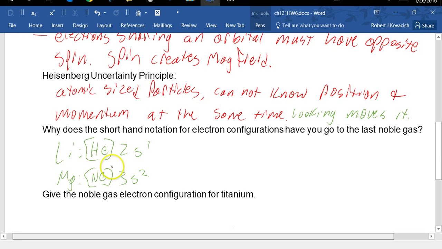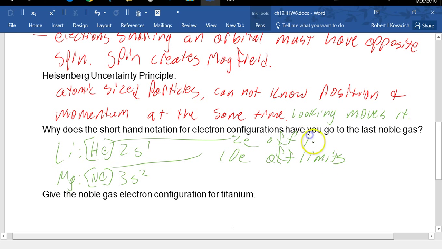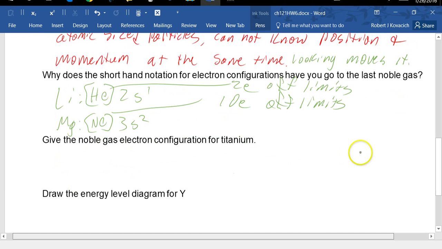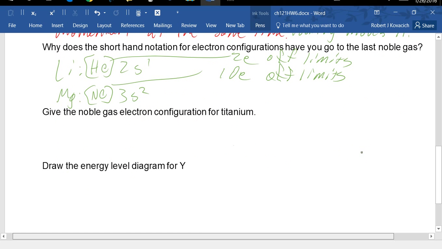But these first 10 electrons, off limits. That's it. What's the noble gas configuration for titanium? I find titanium, 22, back that up to argon, and then throw on 4 electrons. So titanium, argon, 4s2, 3d2.